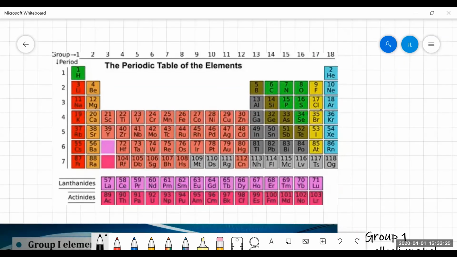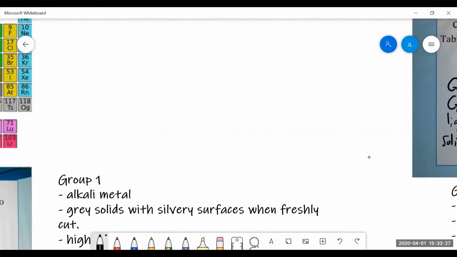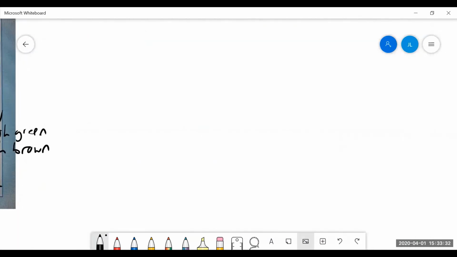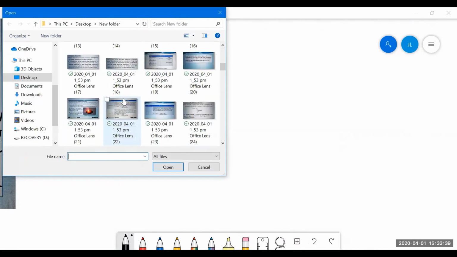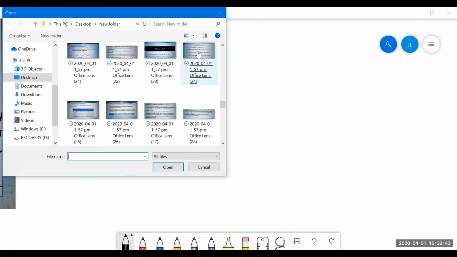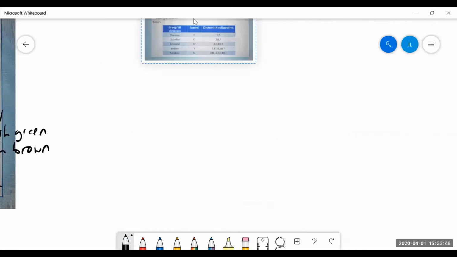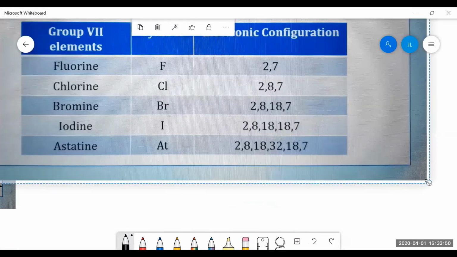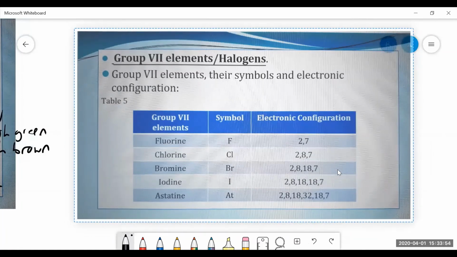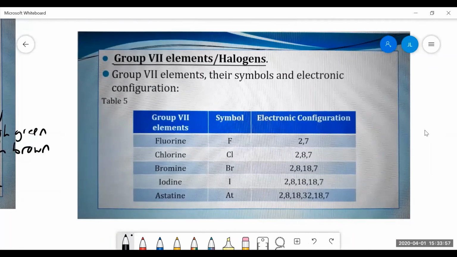And then we are going to look at the valence electron. Oh, sorry, this is halogen.